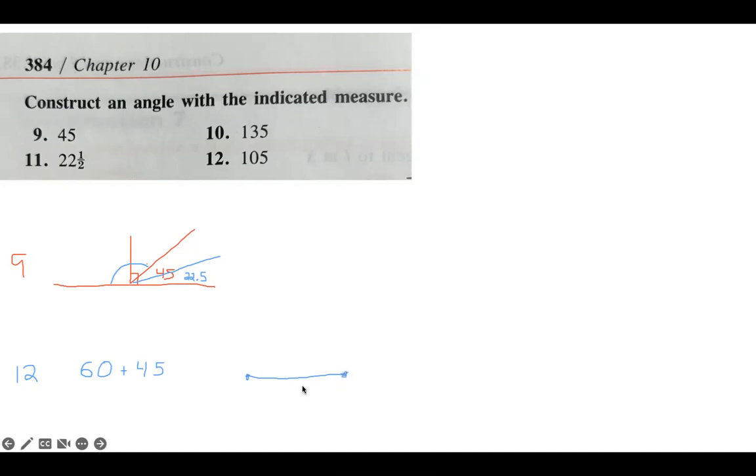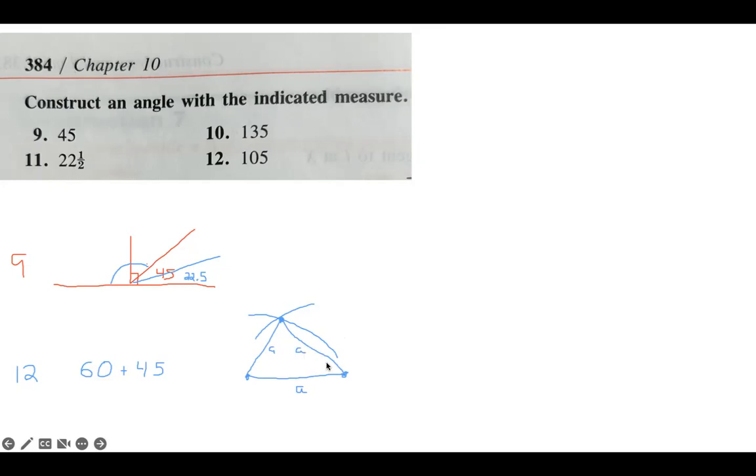We'll call this distance A. If that's distance A and you just measured it with the compass, put your compass on the left endpoint, and I'm going to freehand this, draw an arc of distance A. Then do the same thing from the right endpoint, and you would make this arc right here, not to scale. I'm freehanding it. So this distance would be A, and this distance would be A too. That's a horrible drawing, but you get the idea.